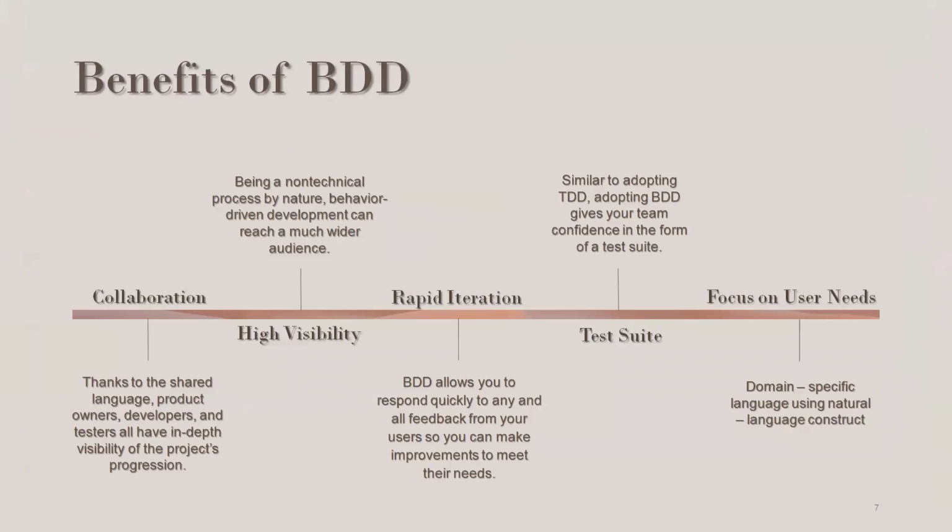Now, what are the actual benefits of BDD? First is collaboration. So collaboration makes our life easy. That is thanks to the shared language, product owners, developers, and testers all have in-depth visibility of the project progression.